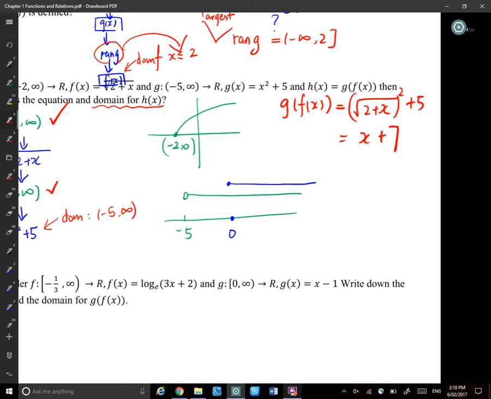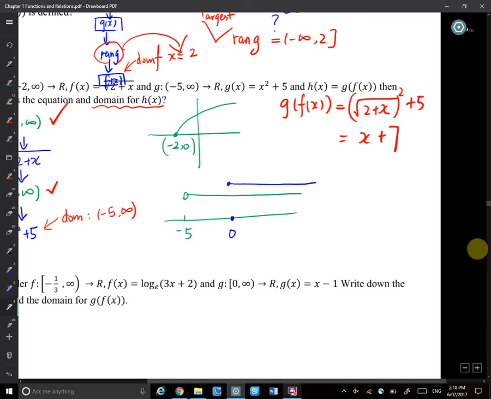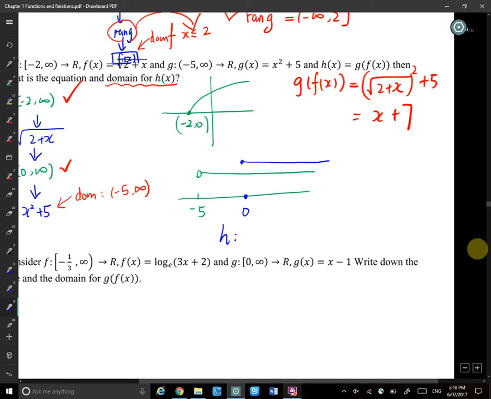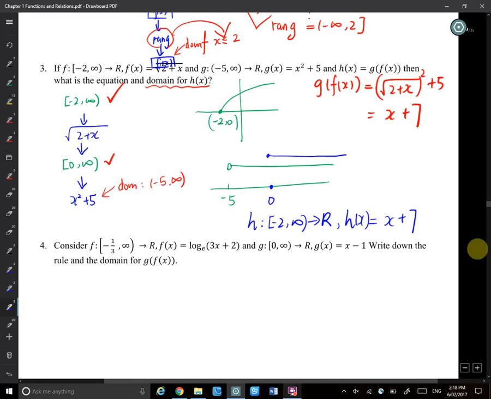If you want me to write that in function notation, h is negative 2 to infinity mapping to R, h(x) equals x plus 7. Okay, that's my function notation.